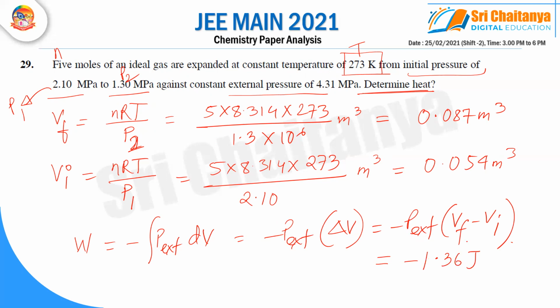And since everything has happened at constant temperature, delta U will be 0. If delta U is 0, Q is equal to minus W. So minus W now will become 1.36. There may be an error in the calculation. You can check it. But this is how you have to proceed.